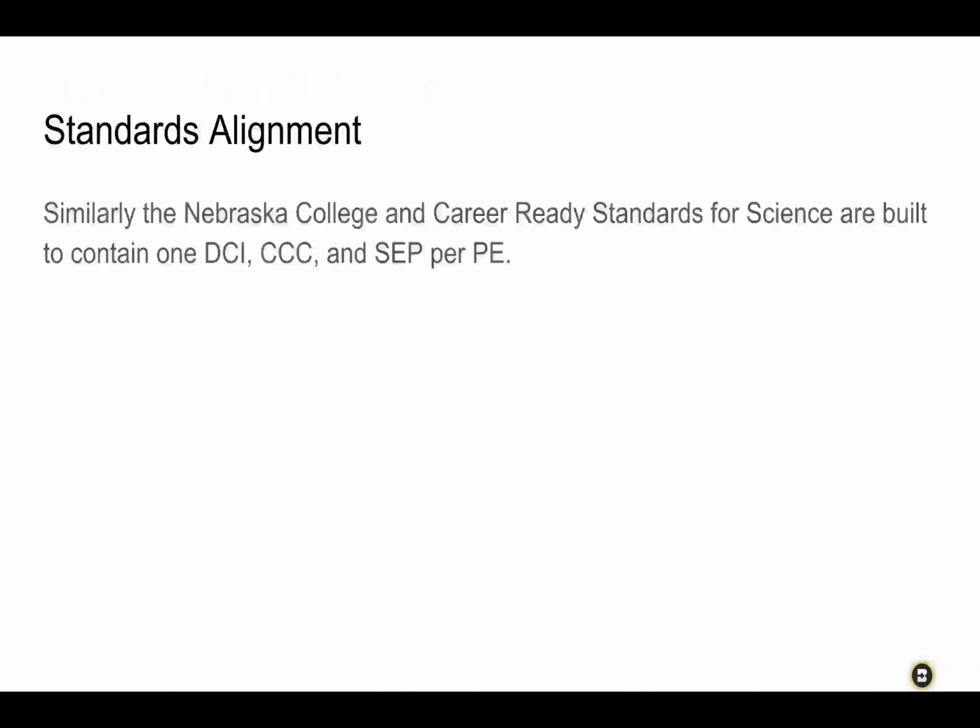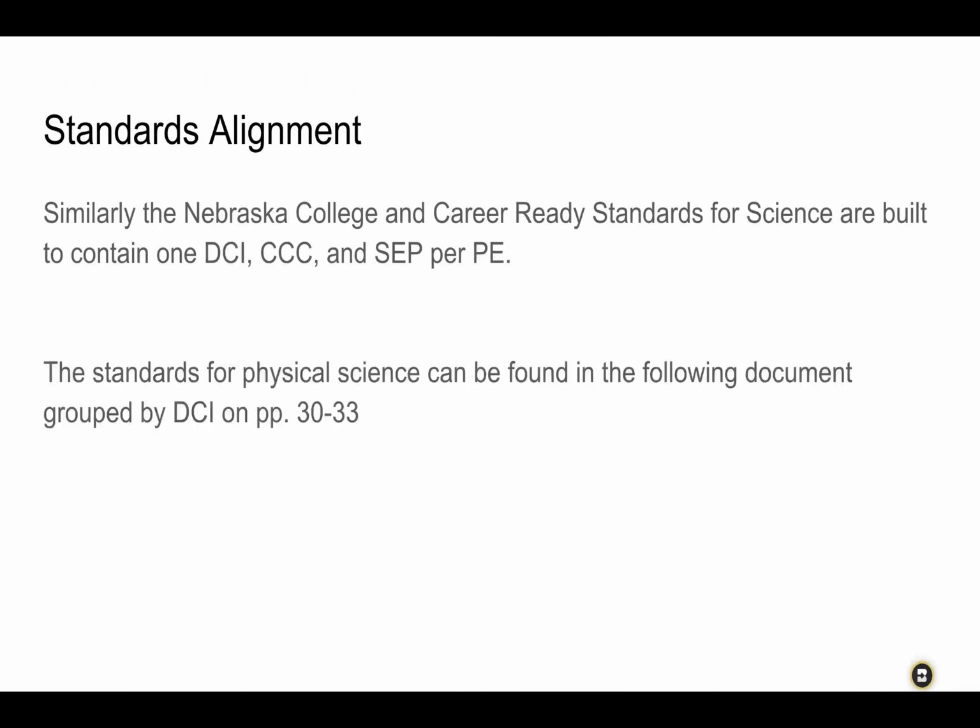Similarly, the Nebraska College and Career Ready Standards for Science are built to contain one disciplinary core idea, one cross-cutting concept, and one science and engineering practice for every performance expectation. So it looks a little bit different. Instead of having a whole list of performance expectations that go with a list of DCIs, CCCs, and SEPs, we have one per.